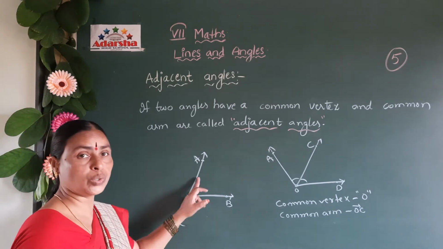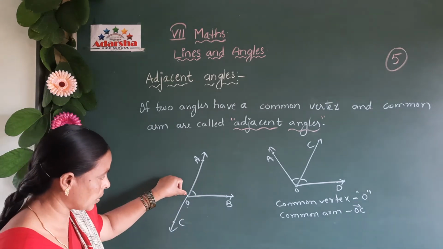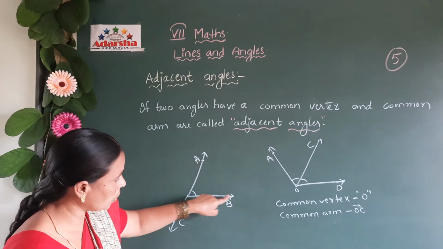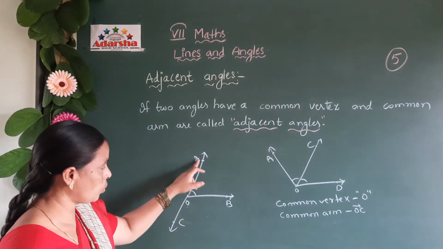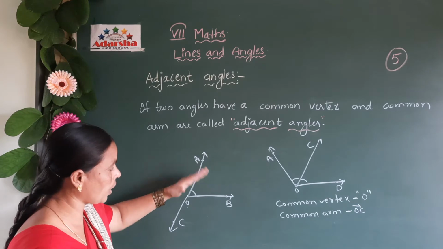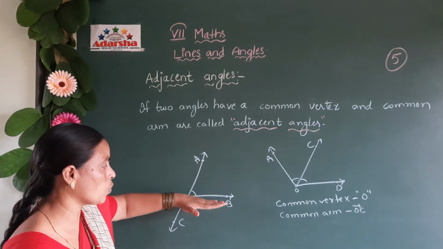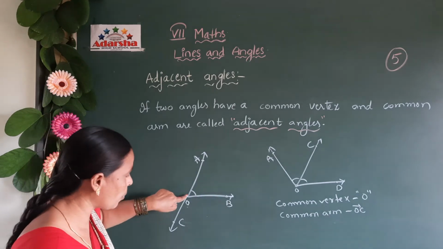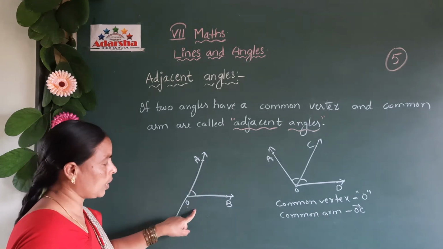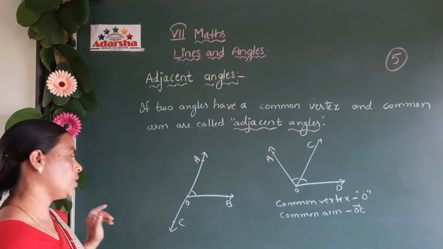So these are two adjacent angles. The common vertex is O and the common arm is OB. The arms of AOB are OA and OB. In angle BOC the arms are OC and OB. So OB is the common arm and the common vertex is O. So these two angles are called adjacent angles.